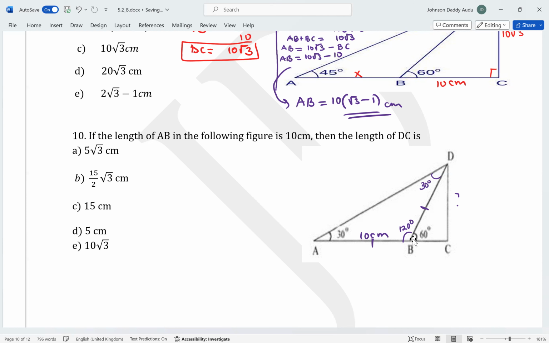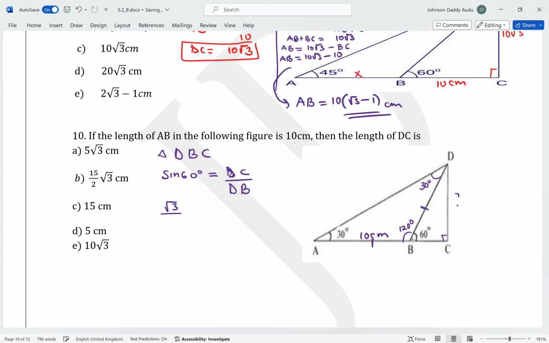So we're fine. So we can use triangle DBC. We can use sine 60, which is going to be opposite, which is DC, over the hypotenuse. This is 90 degrees. The hypotenuse is going to be DB.